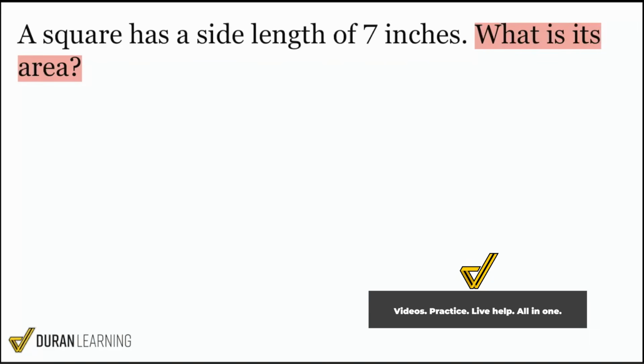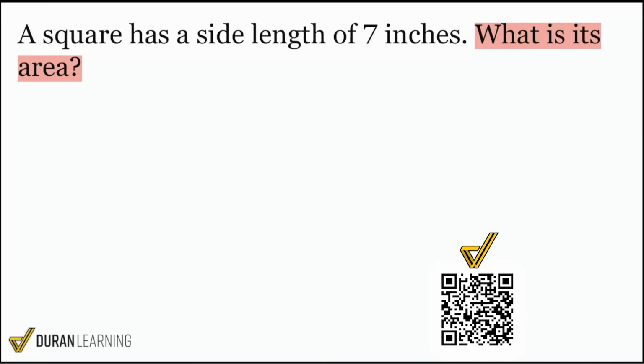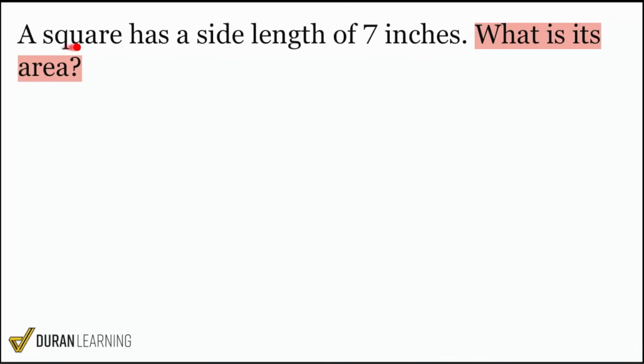And so if you know the formula and know how to use it, it's actually going to be a pretty easy time. Here's what I mean. We're looking at area. So the first thing I'm going to ask myself after that is, well, area of what? What shape? And I can clearly see right here that it says we're dealing with the area of a square.